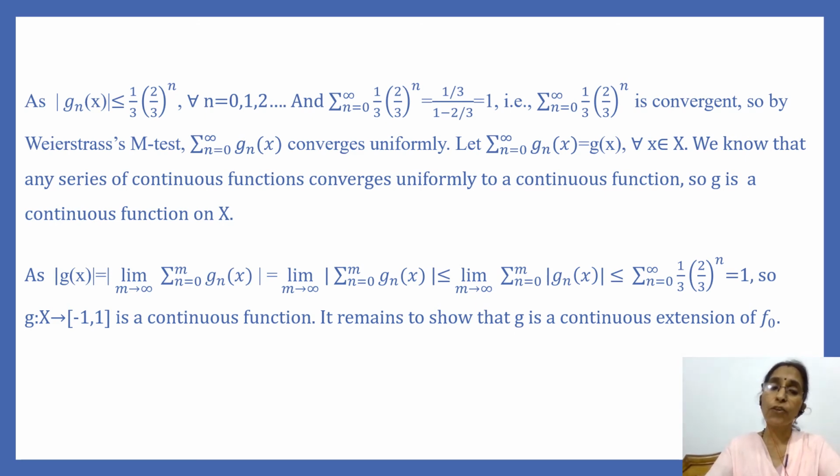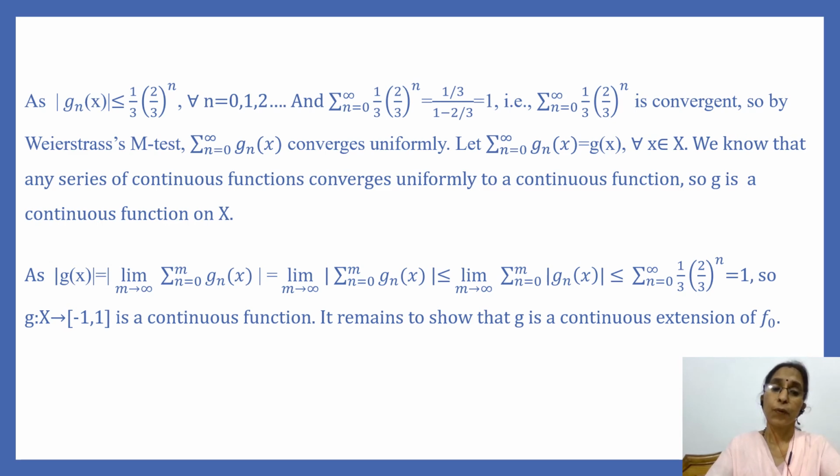So by Weierstrass's M test, the series on the left hand side, that is the summation of g_n(x), n = 0 to infinity, this series of functions converges uniformly. Let this series converge uniformly to g(x) for every x belongs to X. And we know that any series of continuous functions converging uniformly converges to a continuous function. So g is a continuous function on X.